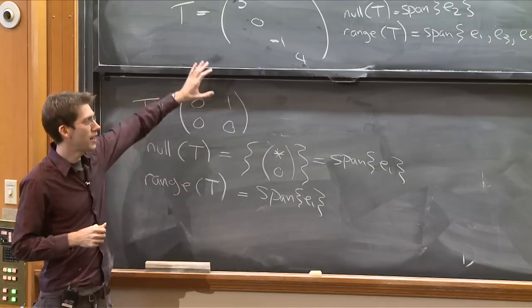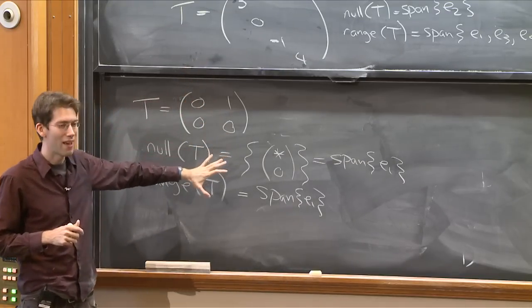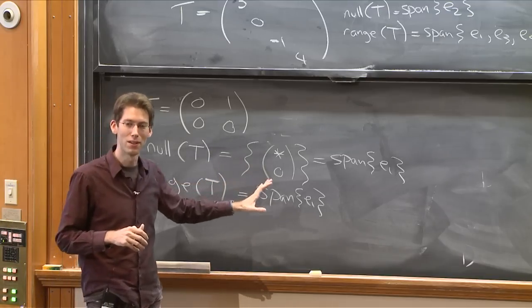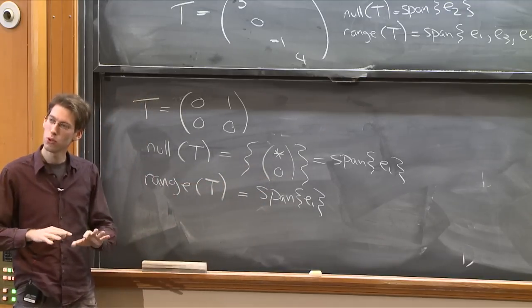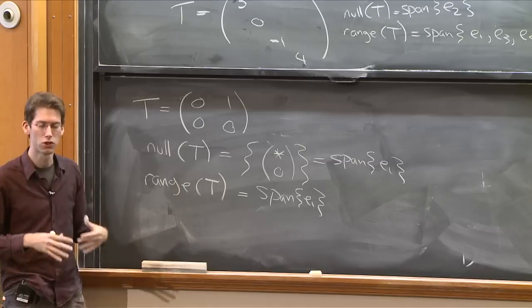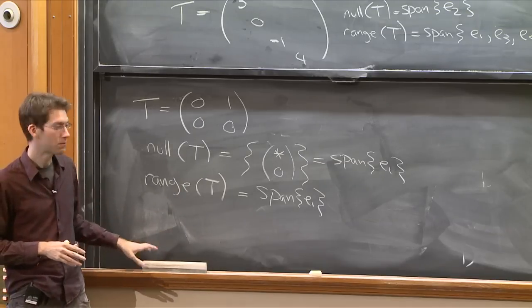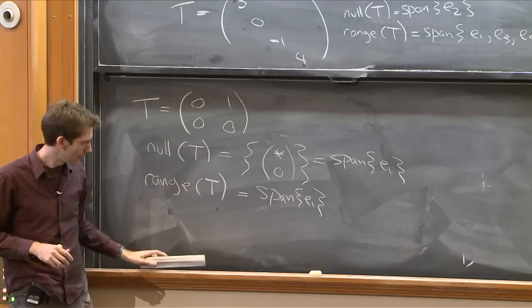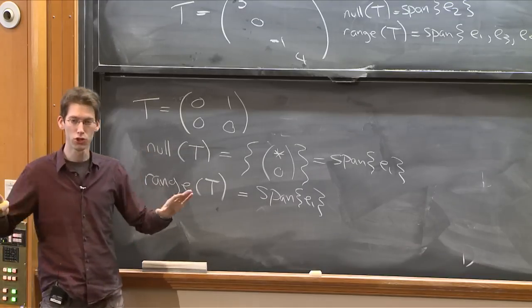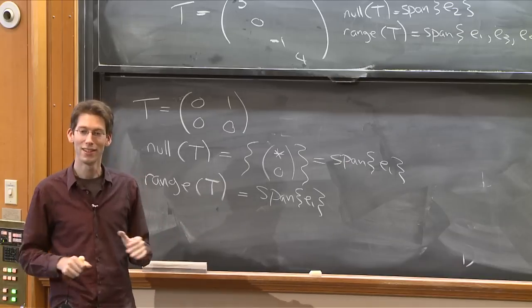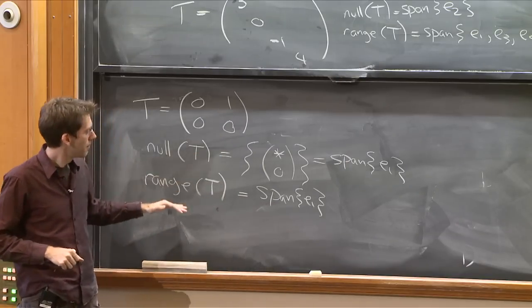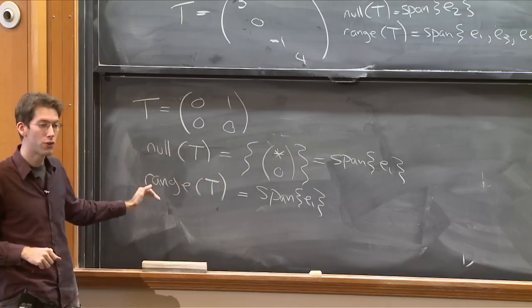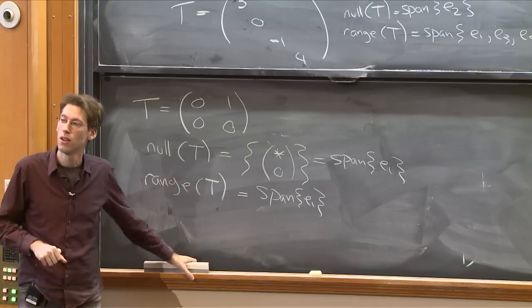And here they look totally different. And here they look the same. So you should be a little bit nervous about trying to apply that intuition. You should be reassured that at least the theorem is still true. At least 1 plus 1 is equal to 2. We still have that. But the null space and the range are the same thing here.